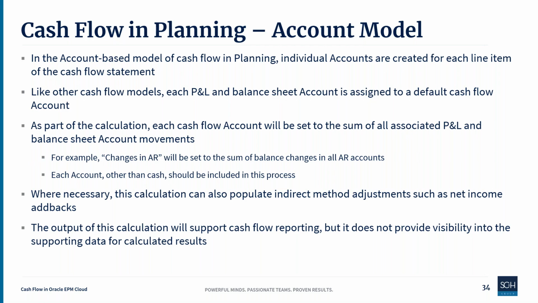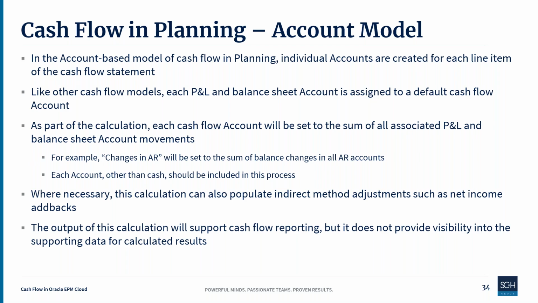As part of the calculation, you basically take the sum of all P&L and balance sheet activity associated with the cash flow line item and calculate that as that change. So for example, if you take your change in AR, you calculate that by the sum of all balance changes in AR accounts.